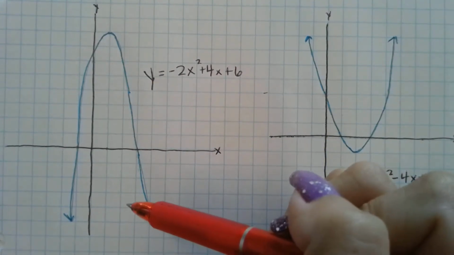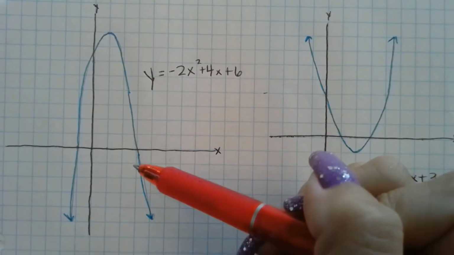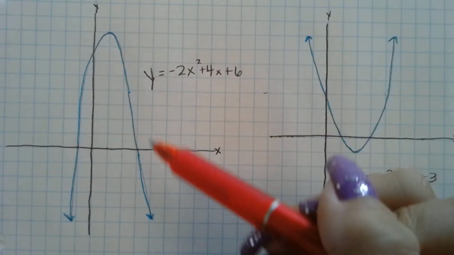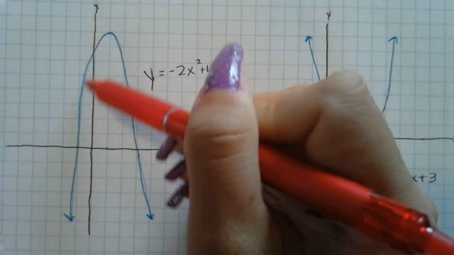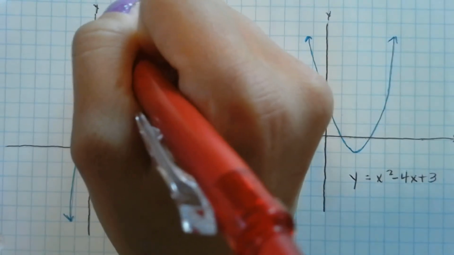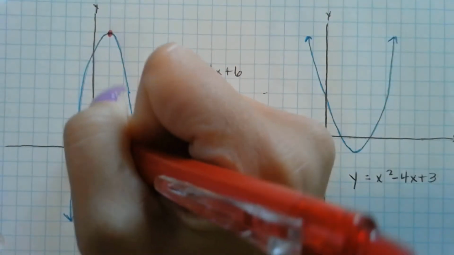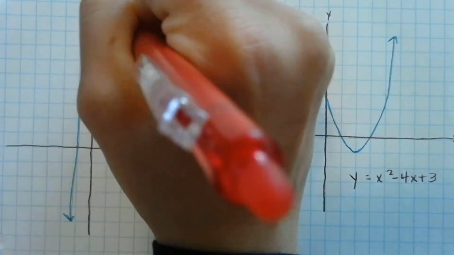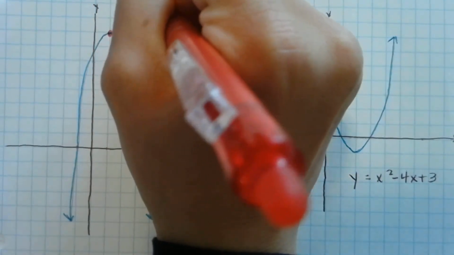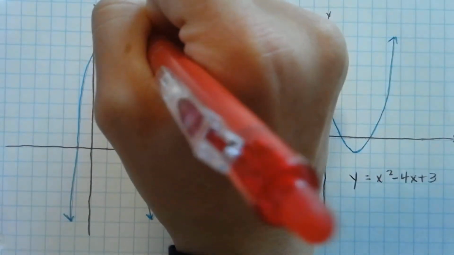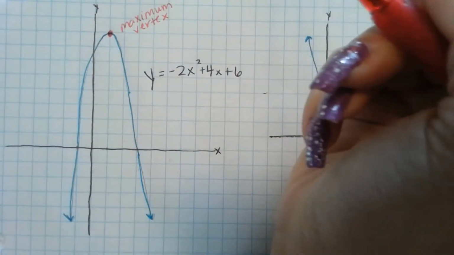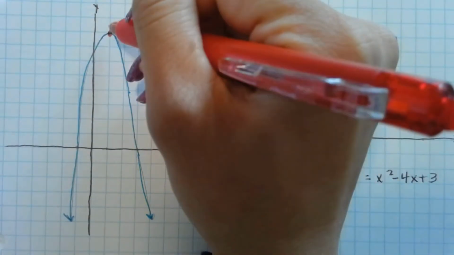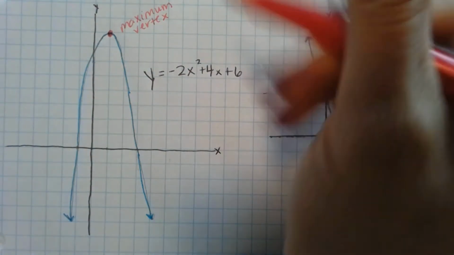Let's start with our major pieces, anything that we see that's major. This is a really good point, and this is our maximum. This is also our vertex. Vertex is always in the middle.